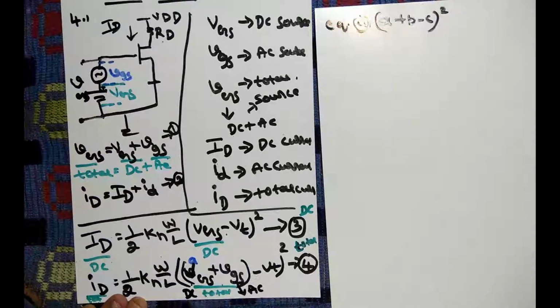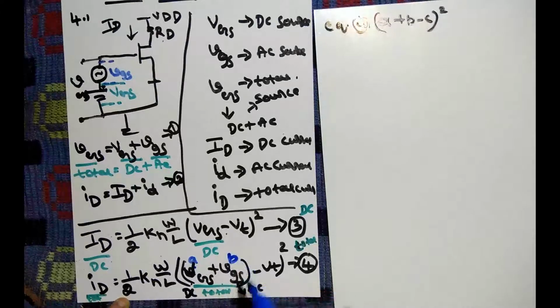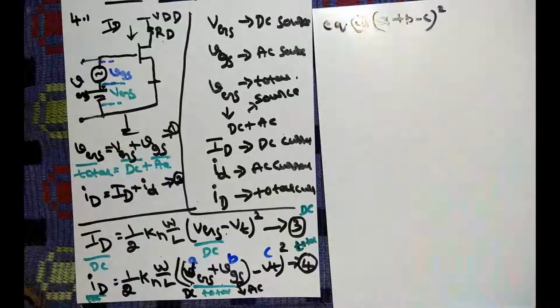The total is DC plus AC. So when you consider this, the DC is A, this one is B, and VT is C. So you can take the A plus B minus C whole square formula.